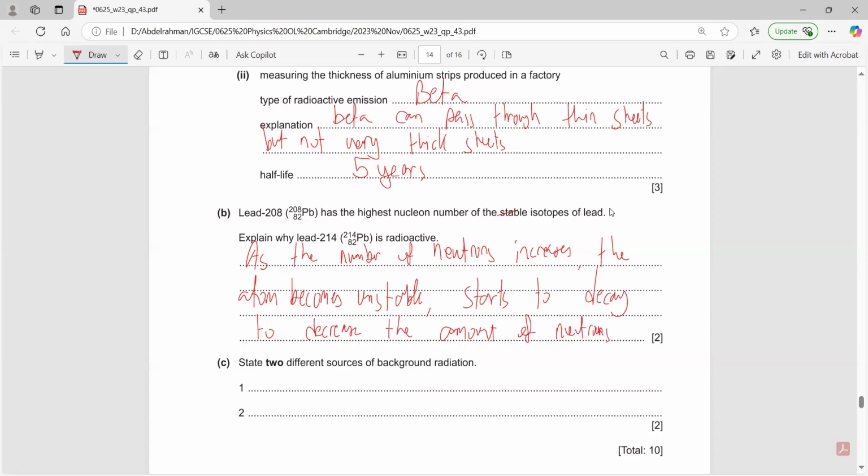It becomes too heavy. If an atom is too heavy, it starts to decay by producing alpha or beta particles to decrease the mass.